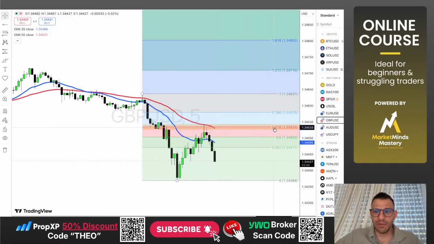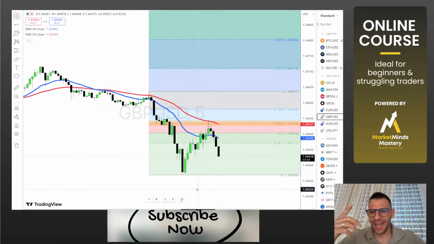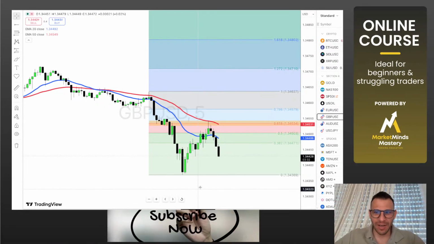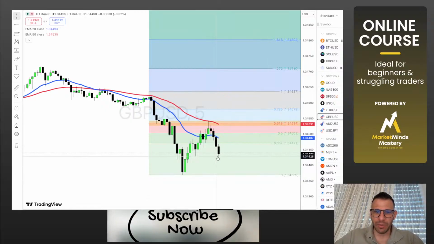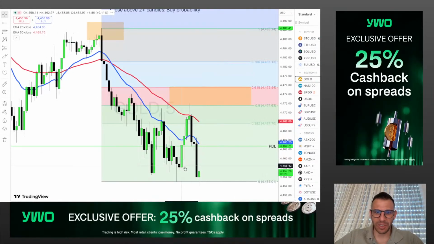And I said that if we're going to reject the 61.8%, it can make it a good, solid trade. And there it is. Now, because I'm using only one screen and I didn't flip soon to the Great British Pound pair, I didn't place this trade, okay, because we were just showing the gold.